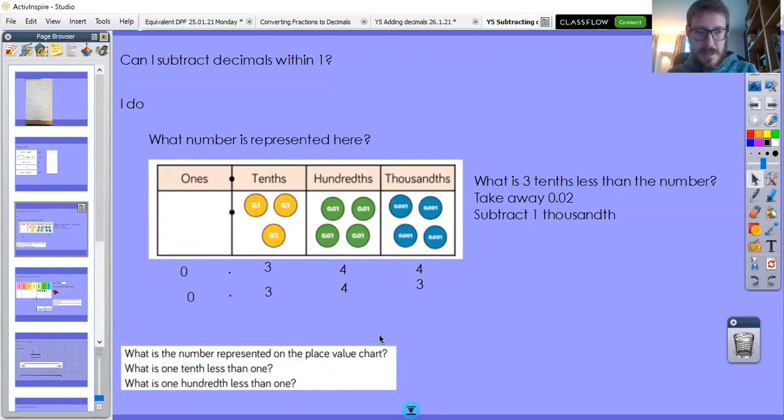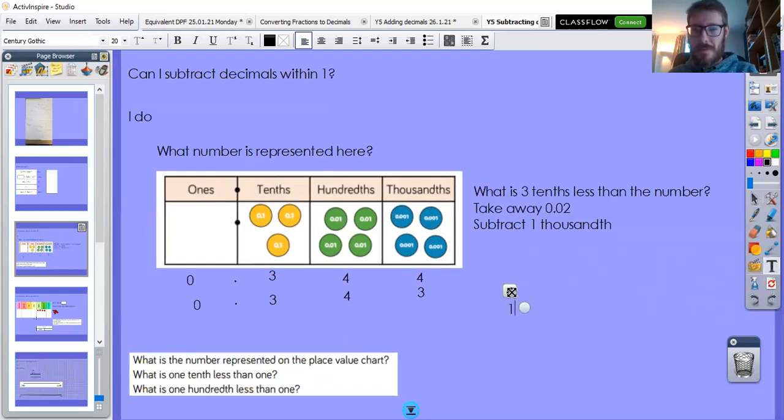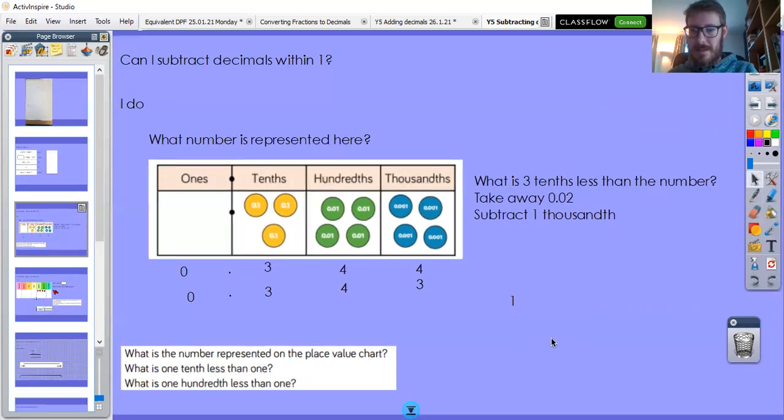Okay, so what is the number represented on the place value chart? That one, we already had: 0.344. What is 1/10 less than 1? If I think of one whole, what is 1/10 less than that one?